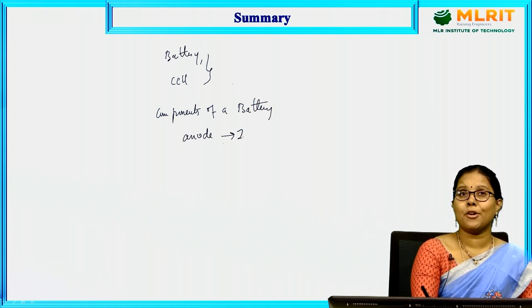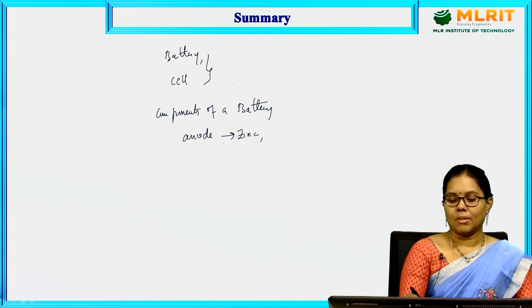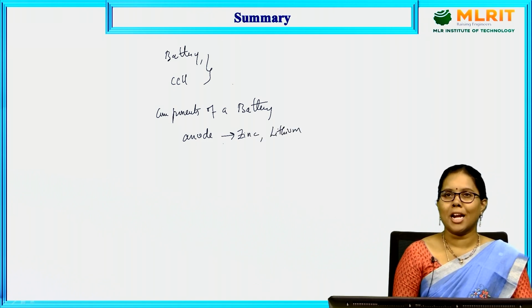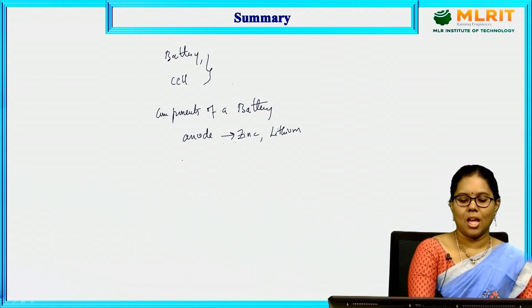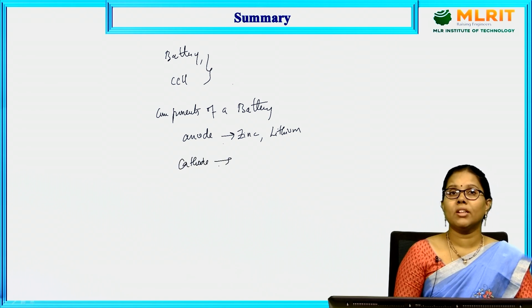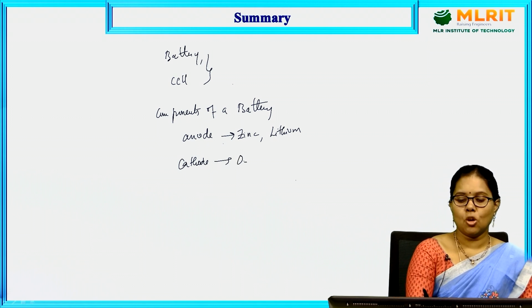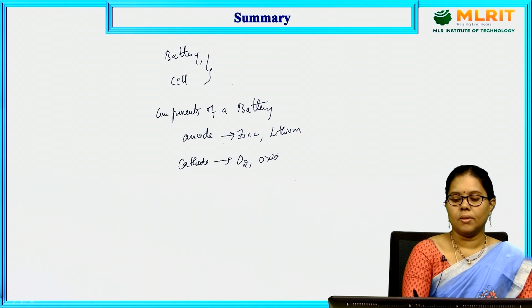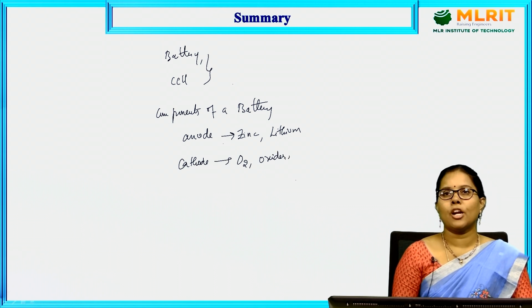The best anodic metal is zinc. And the next one is lithium, which is the lightest and is suitable and compatible with the electrolyte. And the cathode is the second component of the battery. Examples: oxygen or oxides, metallic oxides and oxyhalides.